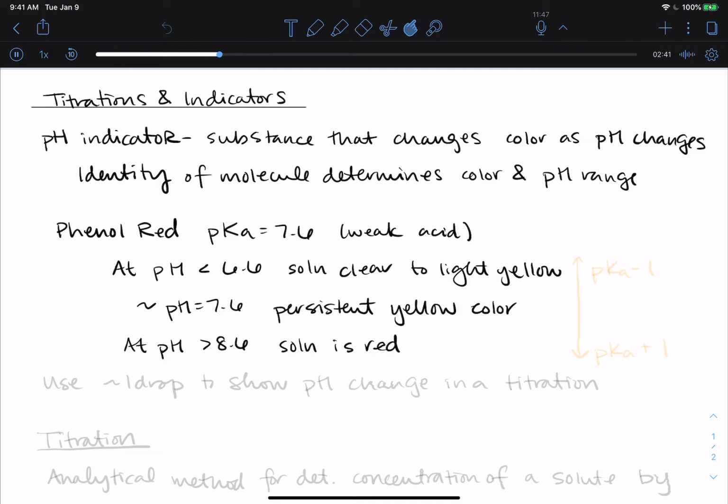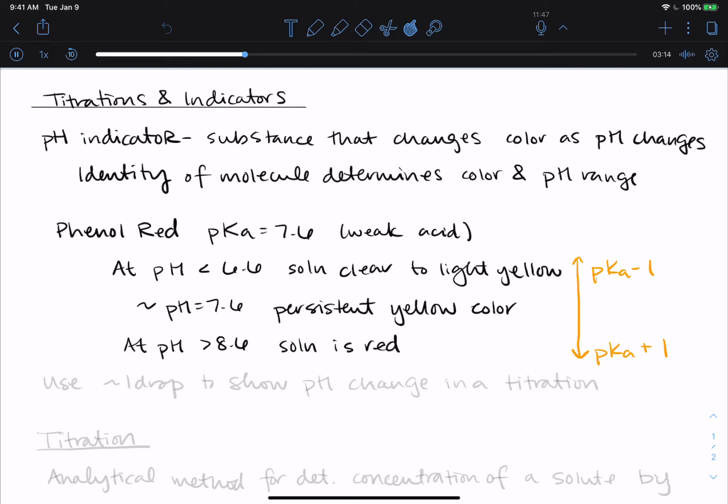So what I want you to notice and take away from the specific points that we have talked about is that the lower range, this pH less than 6.6, is pKa minus 1. And the upper range, greater than 8.6, is pKa plus 1. So this is the range through which an indicator will be useful to use.